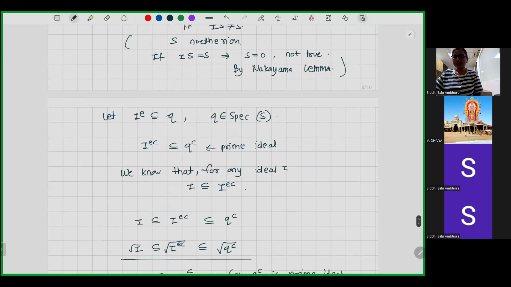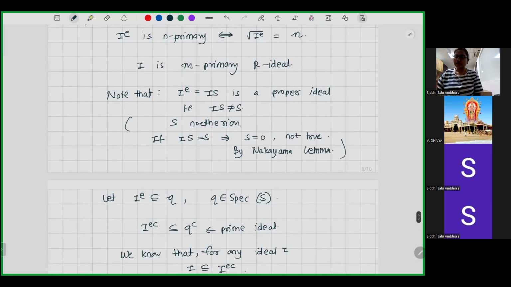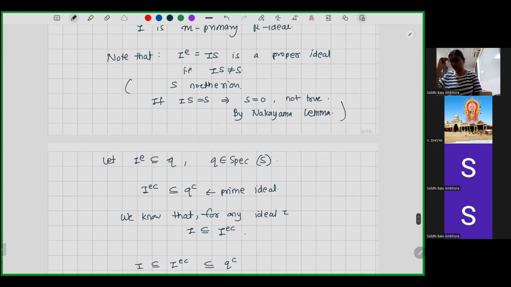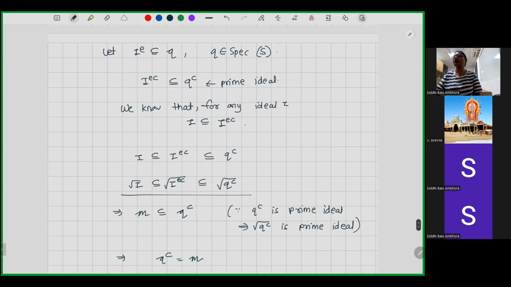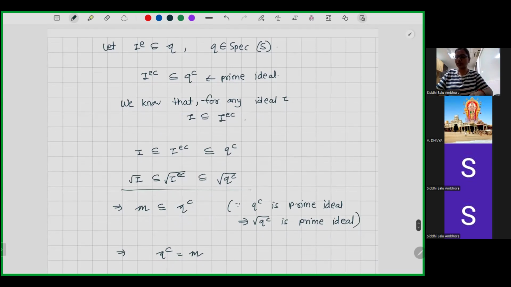But apart from this, we need to check that I extension is not the whole ring and it is a proper ideal. We got this because S is a Noetherian ring, and if it is equal to S, then S will be 0, which is not true in our case by our assumption and using the Nakayama lemma. Then we assume I extension to be contained in some Q, and I extension contraction will be contained in Q contraction, which is a prime ideal.